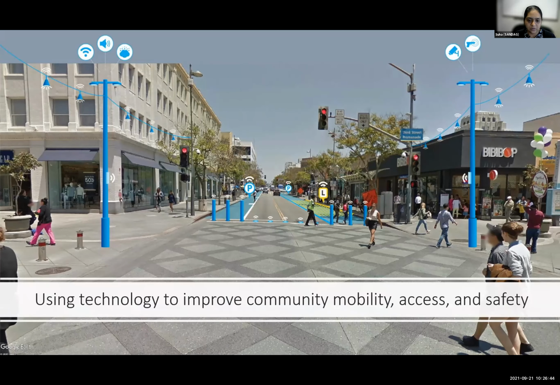A vision that is also intended to provide and improve access for all users, travelers, to improve safety, efficiency, and also improve how we can meet the needs of the transportation future by making sure that all the systems talk and work together seamlessly using data and technology.